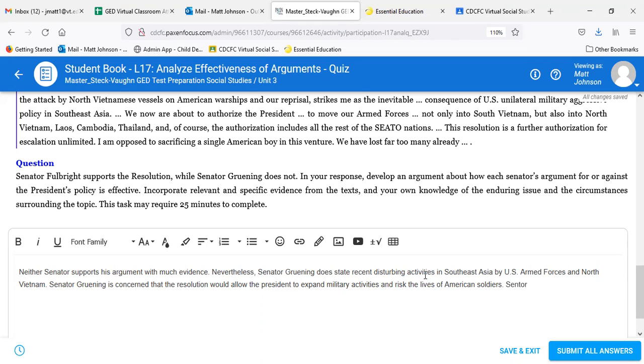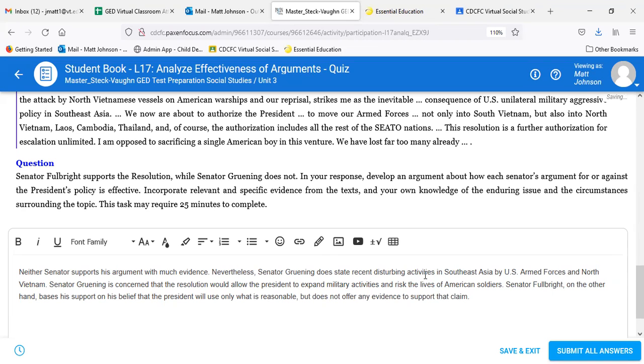So Senator Fulbright, on the other hand, again making that sort of transition, bases his support on his belief that the president will use only what is reasonable, but does not offer any evidence to support that claim.